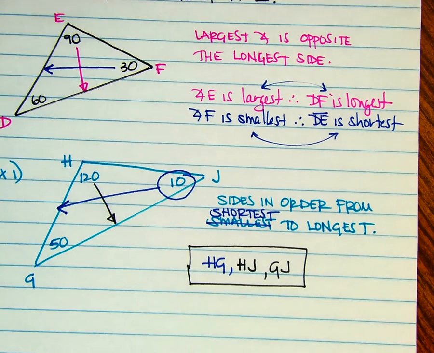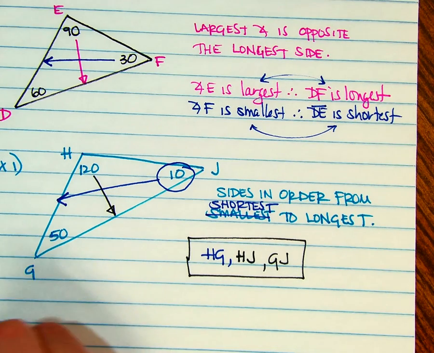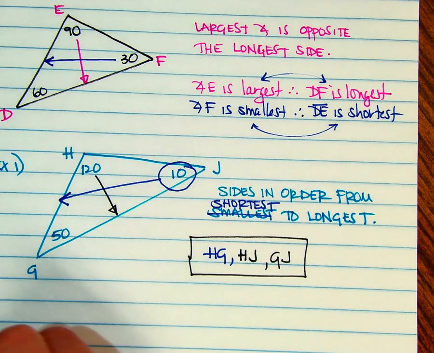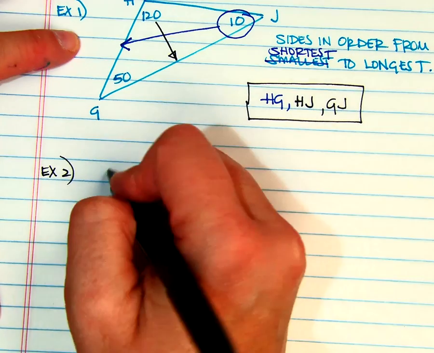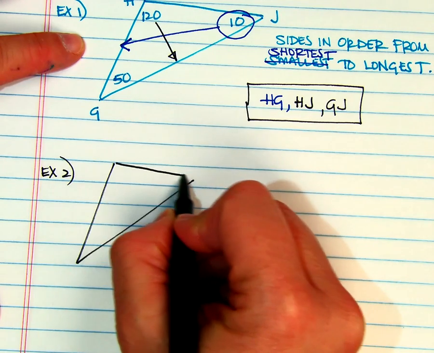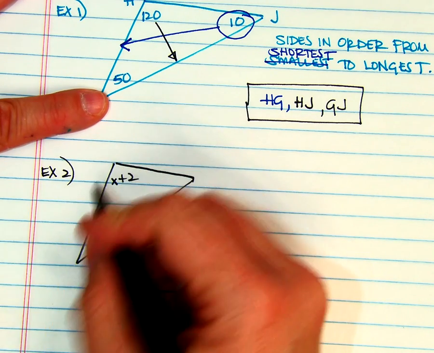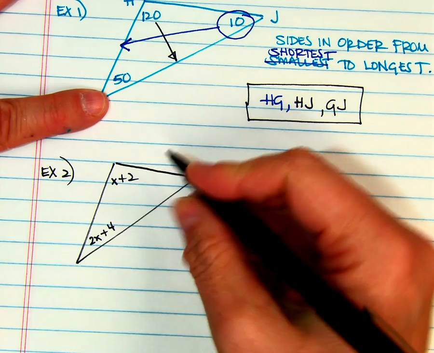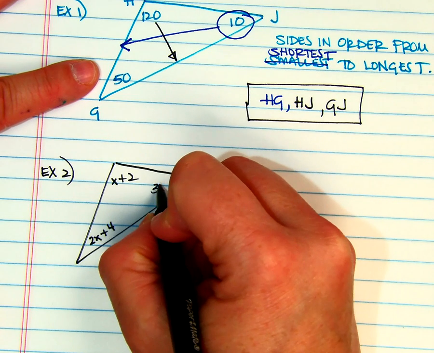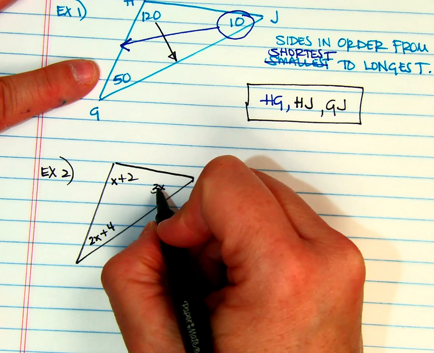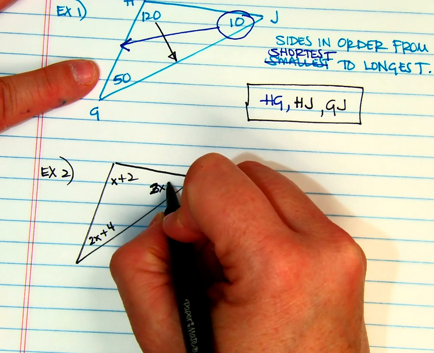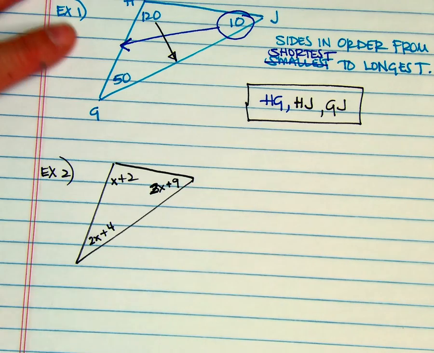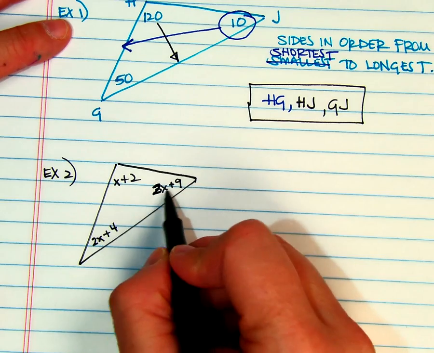In some cases, you may have to find the value first. See if I can come up with an example that won't be too ugly. Let's do x plus 2, 2x plus 9, and 2x plus 4.